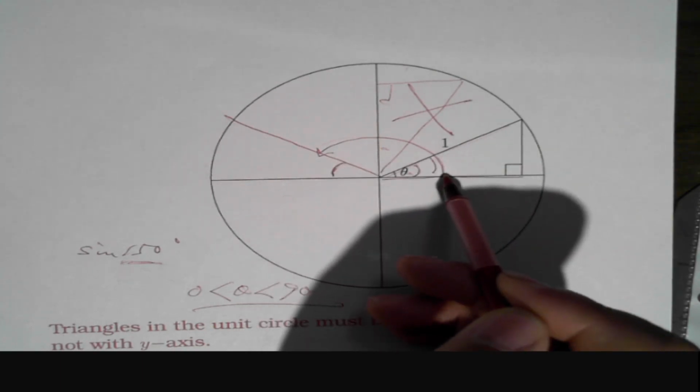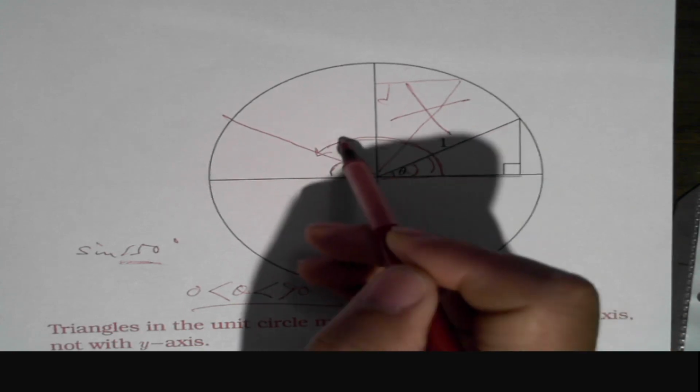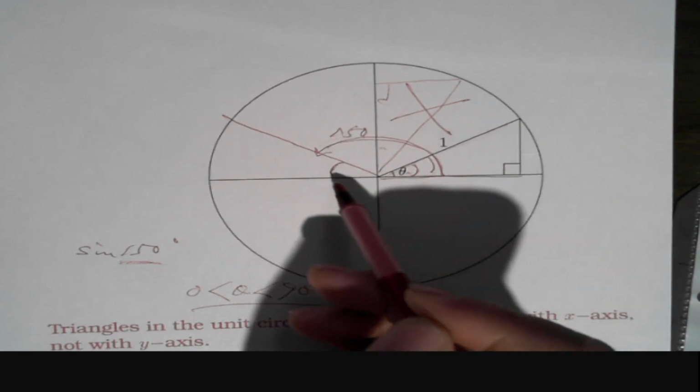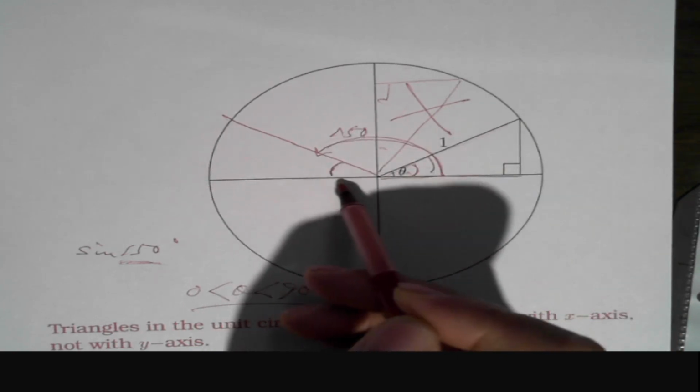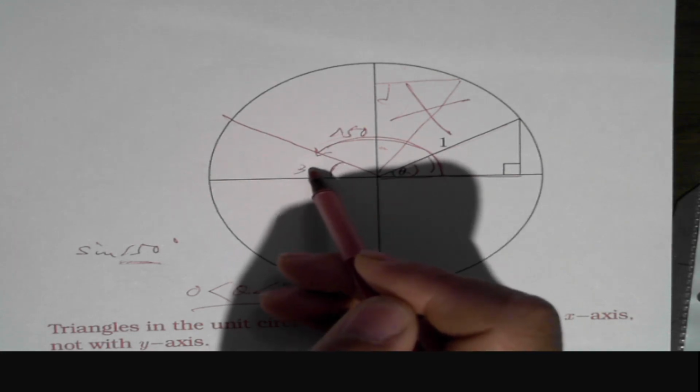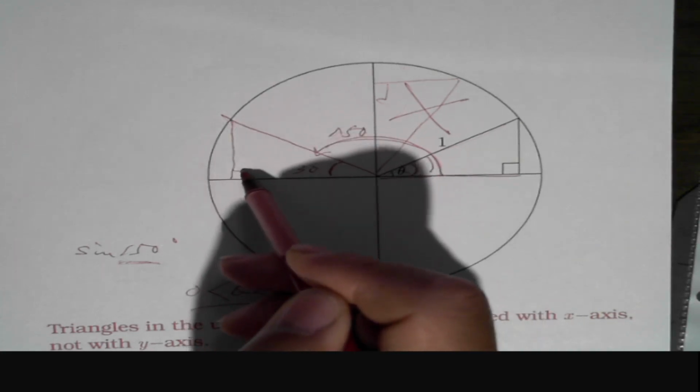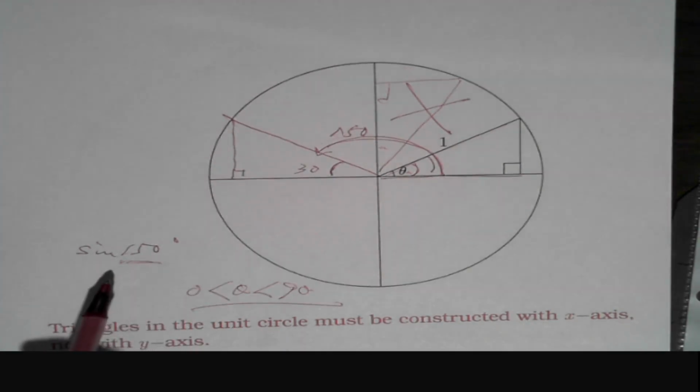If this is 150 degrees, then because a straight line makes 180 degrees, this one must be 30 degrees. So in other words, sine 150 degrees means sine 30 degrees in the second quadrant. In the second quadrant, you remember, the value of sine will be positive.